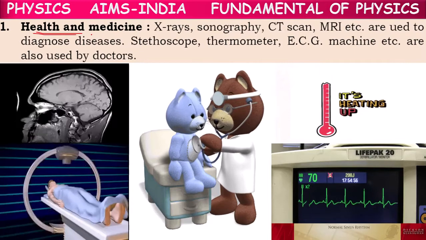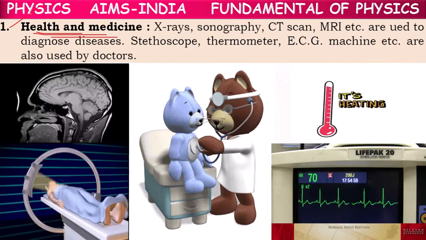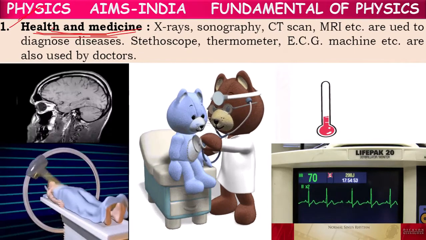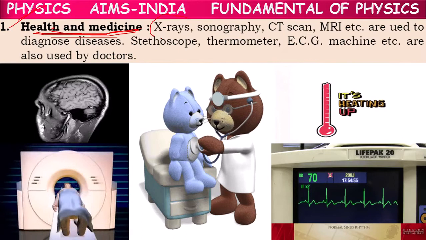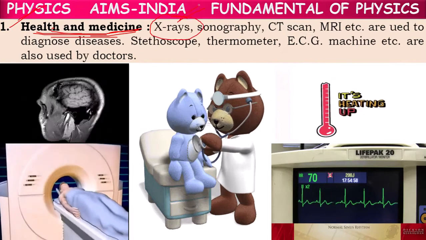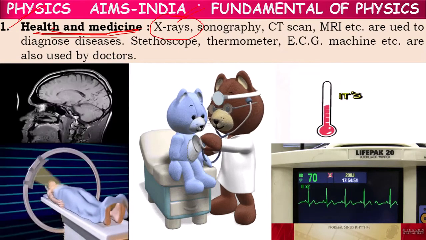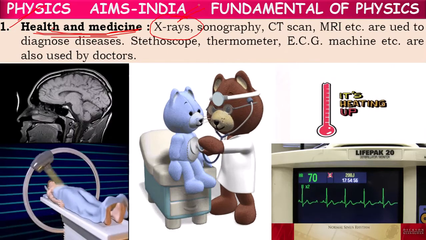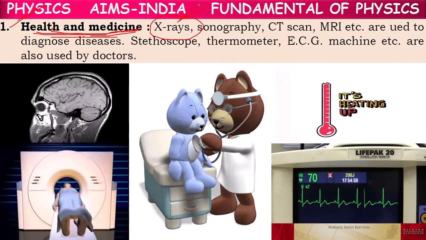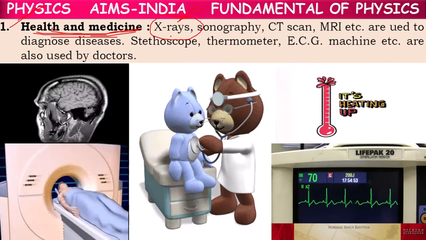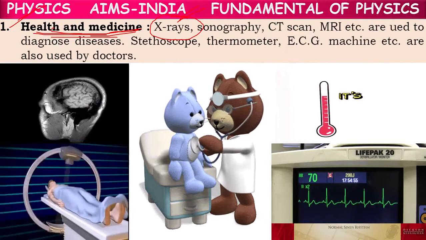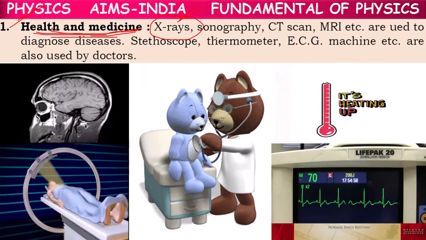In health and medicine, how are we using physics? For taking X-rays. While playing games, if you fell down, you will be taken to the doctor. There he will take an X-ray, check your bones and tell whether your hand is fractured or not.